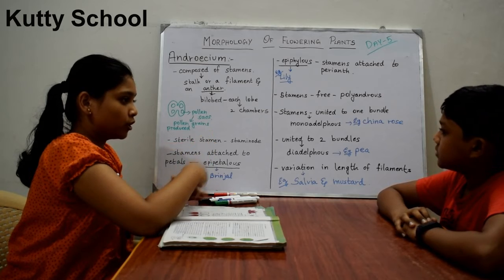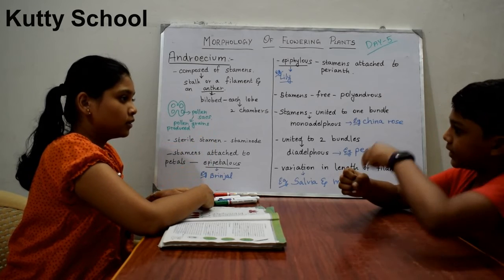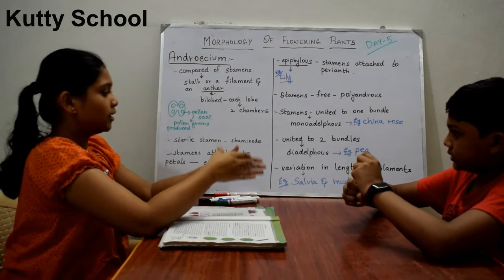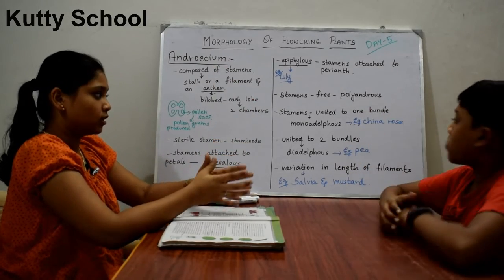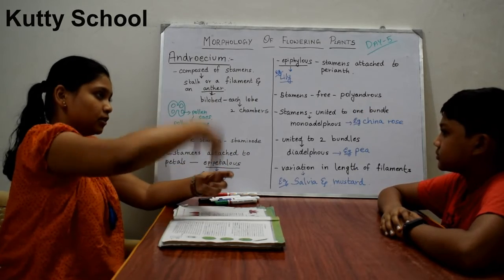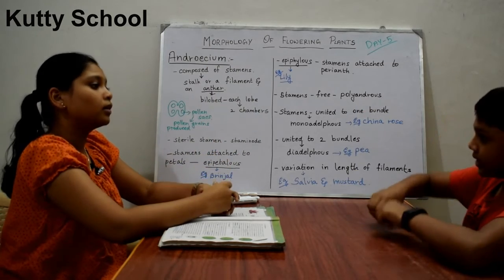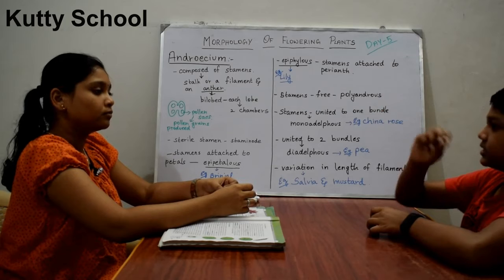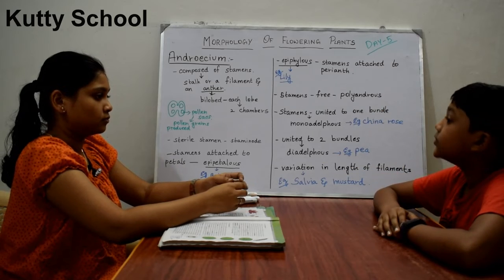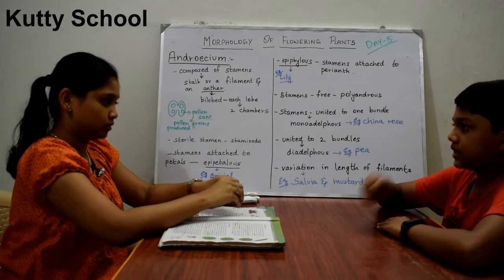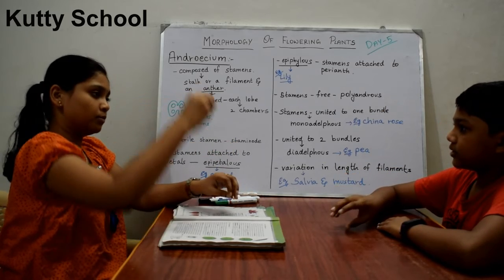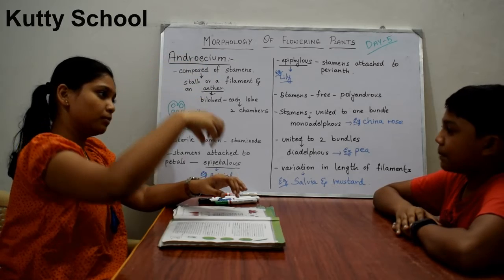If all the stamens are united into one bundle, it is known as monoadelphous. United means sticking together in one bundle. It will be arranged in one bundle like this, like we saw in those roots, from the primary root, everything will go like a bunch.